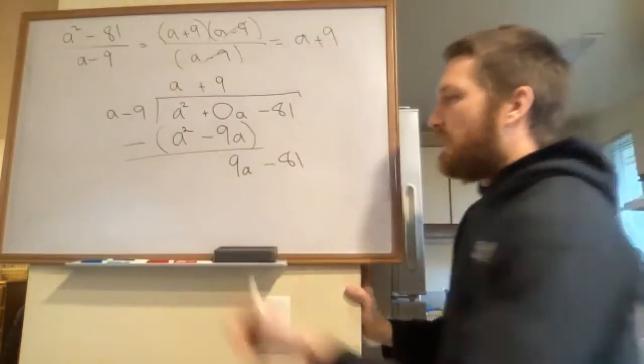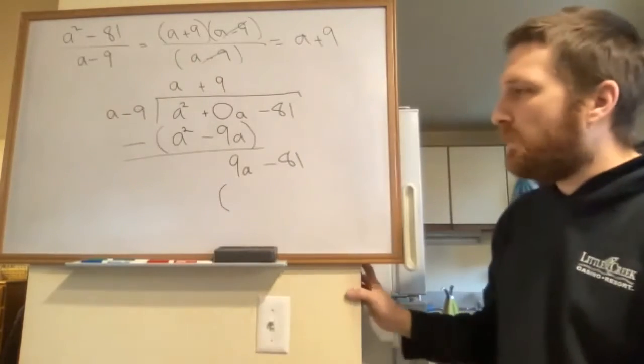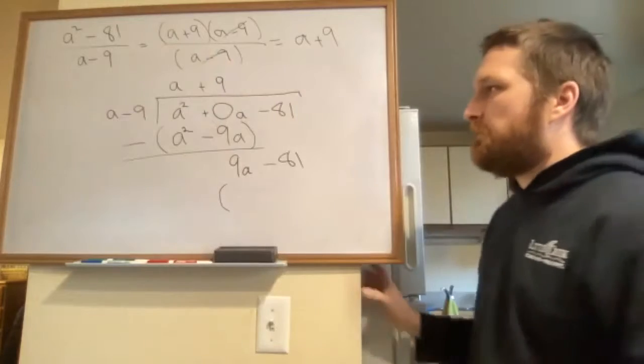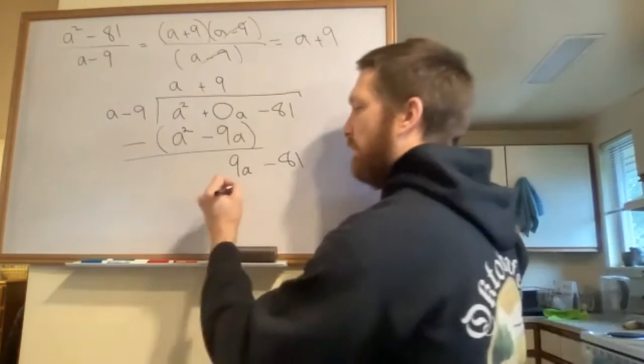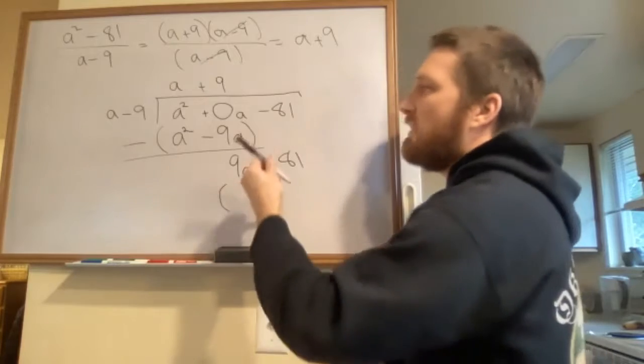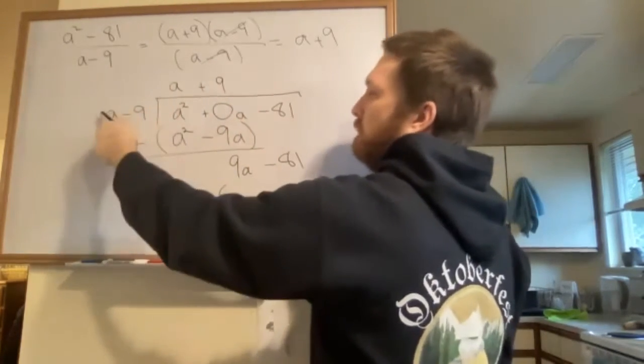Okay, now I'm about to do some multiplication, so I'm going to put a parentheses. Now the 9 jumps into here and gives me what? 9 times the negative 9 is a minus 81. Yeah, but what's the first thing that happens? Oh, it multiplies by the a. Sorry.